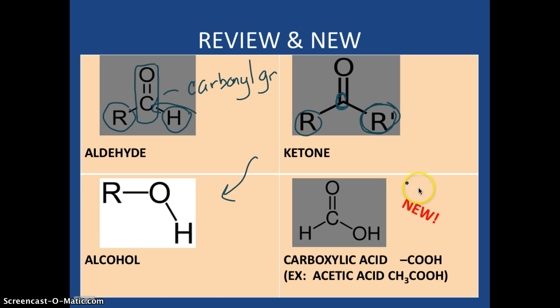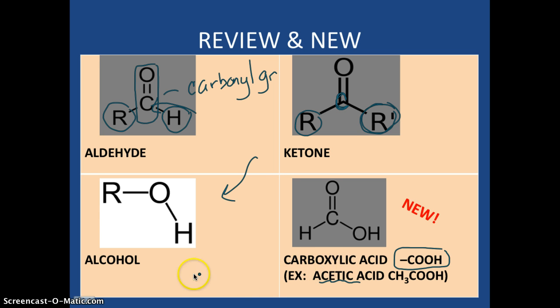Now, this is something new, as you can tell. This is called a carboxylic acid, and this is a new functional group right here. And so you can see this is our bond, and then we have carbon, oxygen, and then we have a hydroxyl. So you might say to yourself, well, carboxylic acids, I don't know any of those, that's new. Well, actually it's not so new. Acetic acid is a type of carboxylic acid, and acetic acid, you'll recall, is the active ingredient in vinegar.